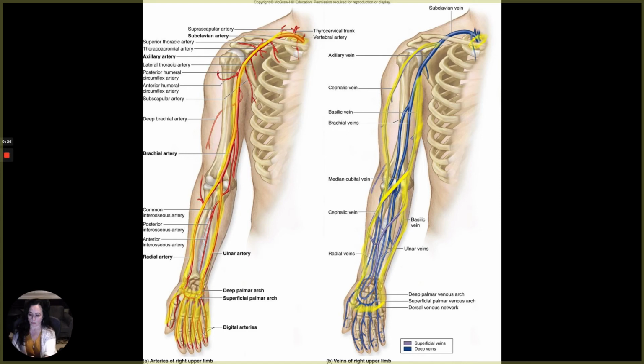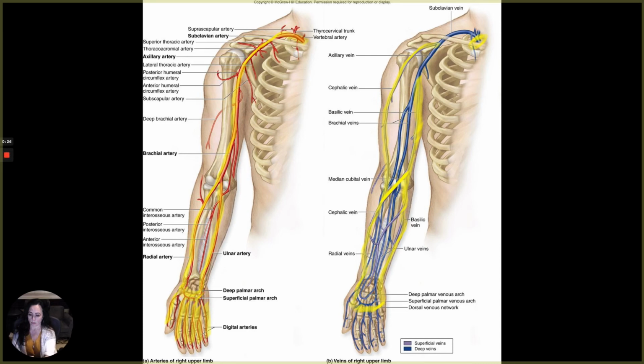The two brachiocephalic veins will unite to form the superior vena cava, which will dump back into the right atrium. Cool?